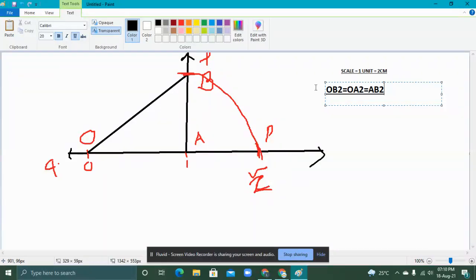And now, as you have written this, go down and below the equals to sign, write again equals to, and then you have to write as the measure of AB and OA is 1 centimeter. Therefore, 1 plus 1 equals to 2.